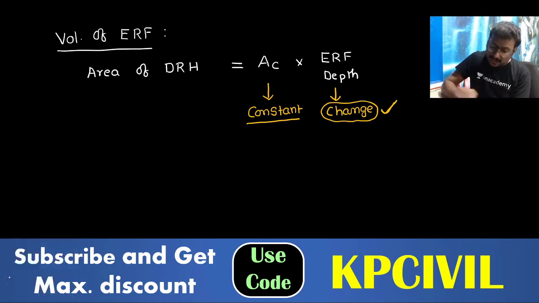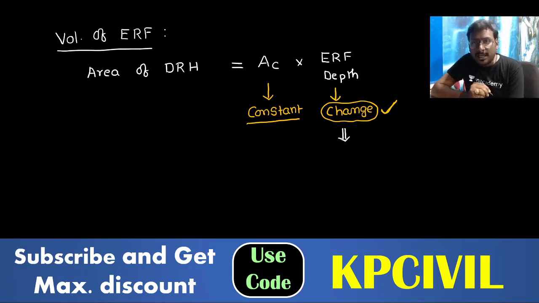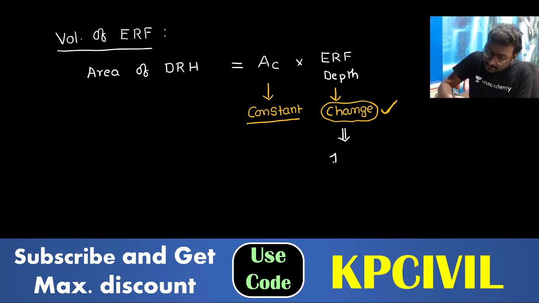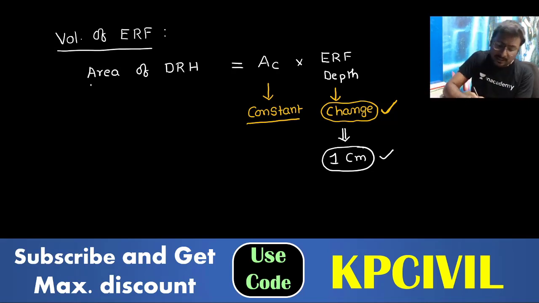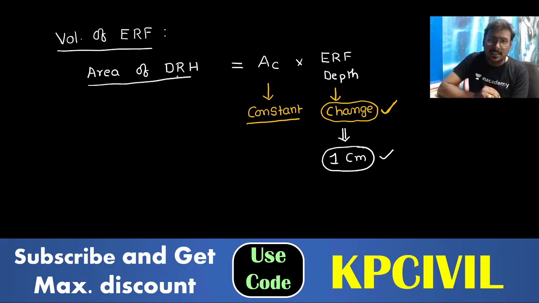So now what will Sherman do? Sherman modified the effective rainfall depth value, considered as 1 centimeter. Area of direct runoff hydrograph is constant for any rainfall with 1 centimeter. For any rainfall with 1 centimeter, area of DRH is constant.